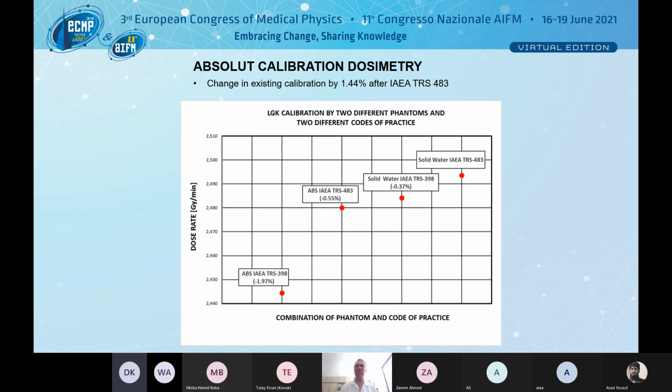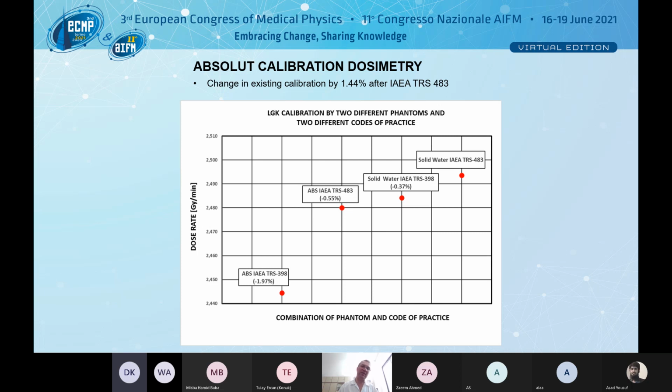So the best is of course to do the measurement of absolute calibration, so basically dose rate measurement, in solid water phantom and follow this new recommendation. Then do it in solid water phantom and follow the older TRS 398. And then do it in ABS and follow the new recommendation, and then do it in ABS and follow the old calibration protocol 398.